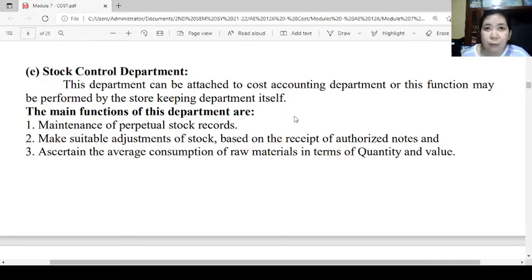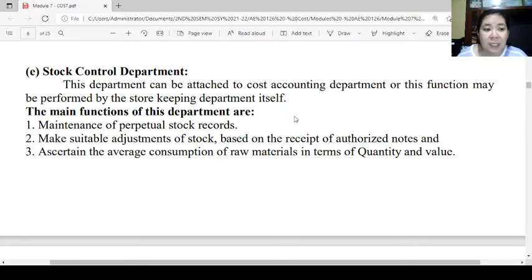Stock control meaning they will be keeping in touch with the storekeeper as well, to maintain an appropriate level of stock to avoid stock out or overstock. Another is to make suitable adjustment of stock based on the receipt of authorized notes, as well as to ascertain the average consumption of raw materials in terms of quantity and value.